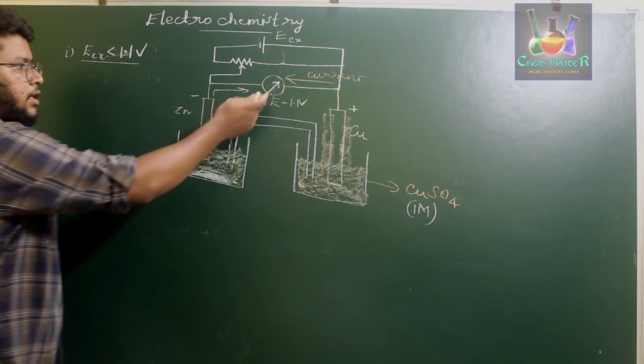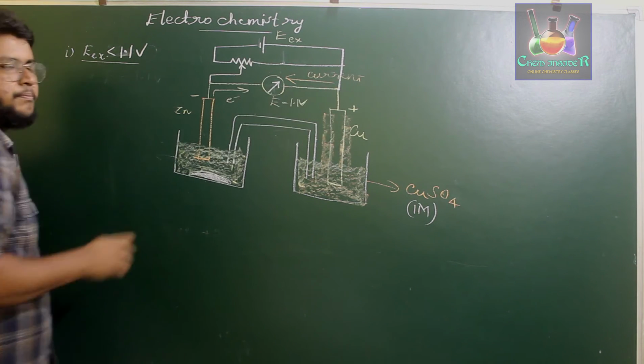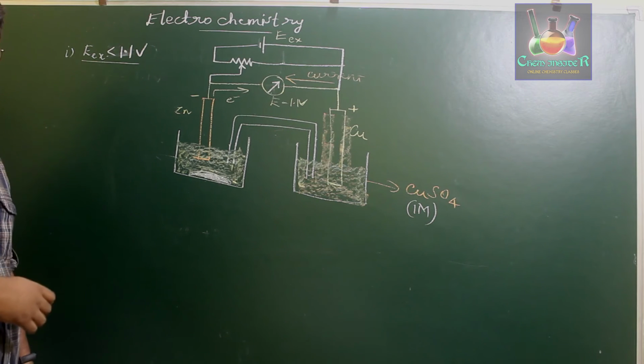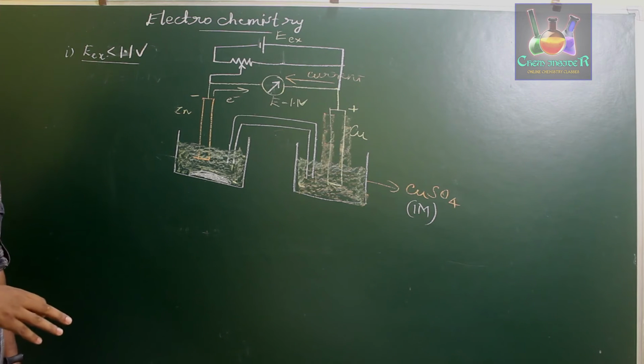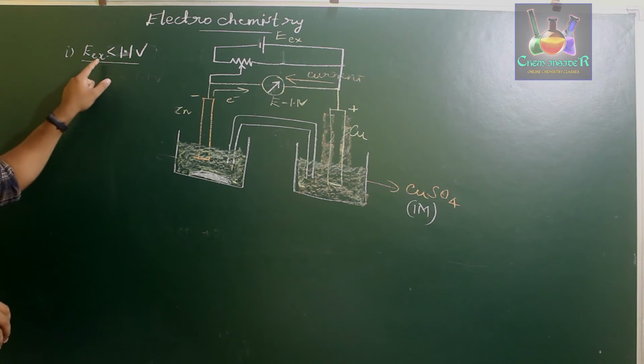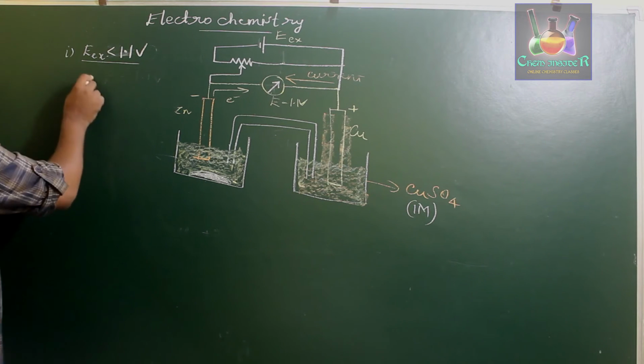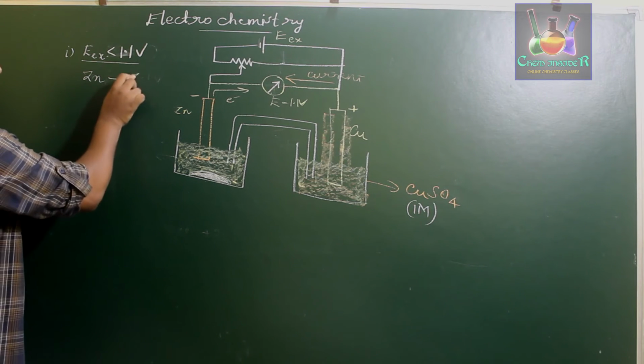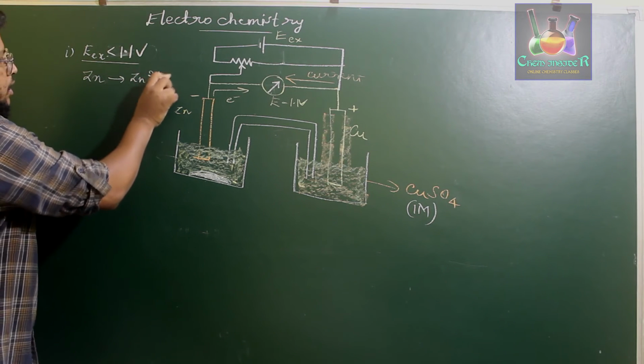So the galvanometer arrow will be bent towards the right-hand side because electrons are moving from the negative end to the positive end in the first condition. What happens in that condition, when the external potential is less than 1.1 volts, is that zinc gets oxidized to Zn2+ and 2 electrons.